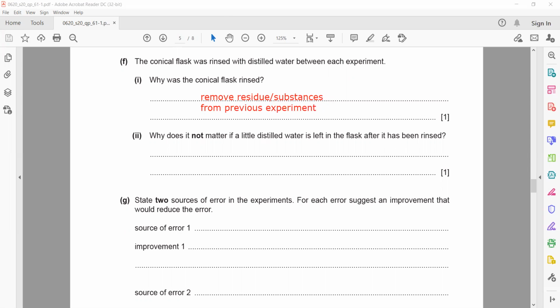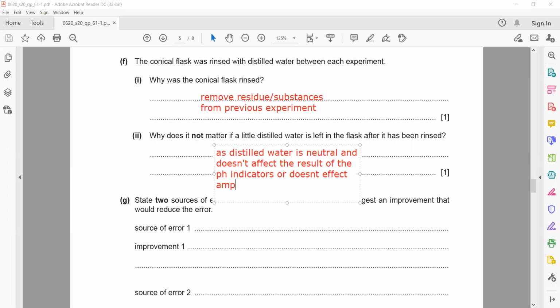Yeah, that's right, because distilled water does not change the amount of acid or alkali, or does not affect the pH of the solution.